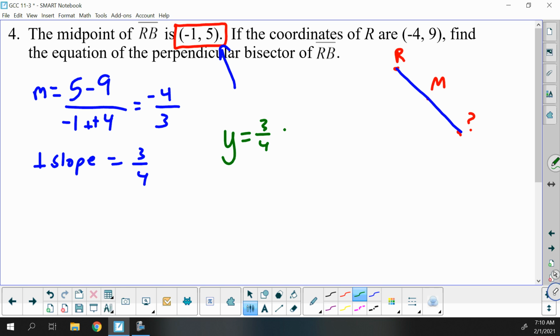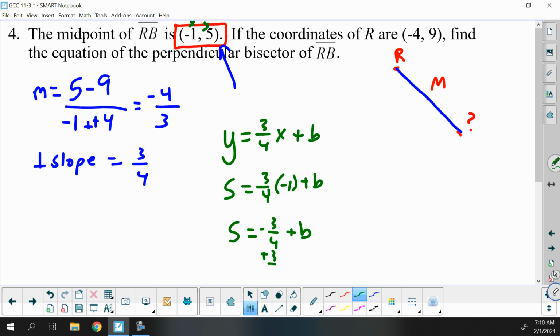So we have y equals 3/4 x plus b. We'll fill in our x and our y. So that's 5 equals negative 3/4 plus b.